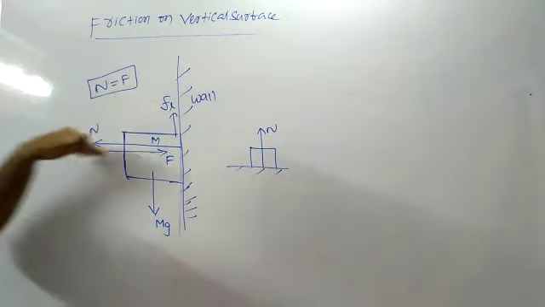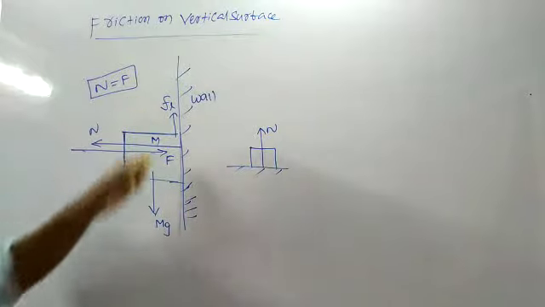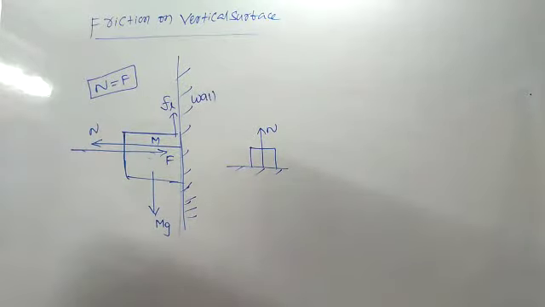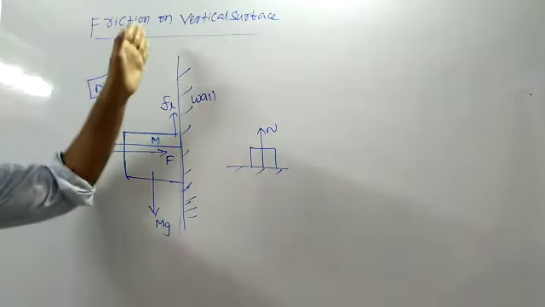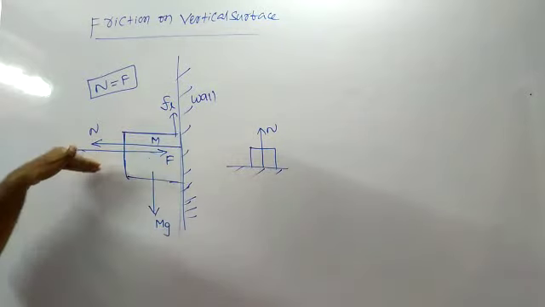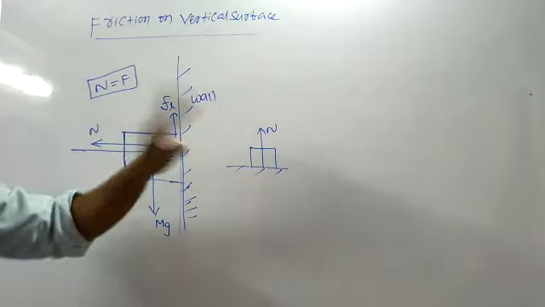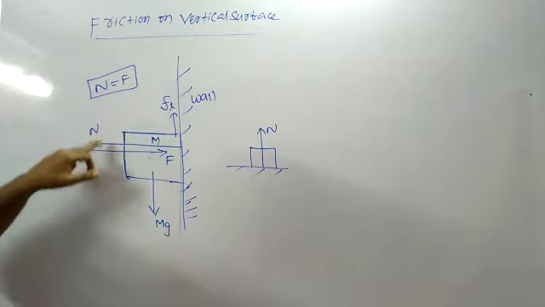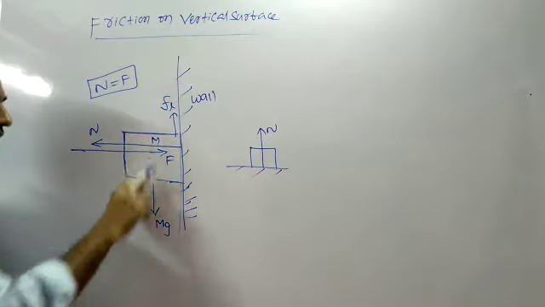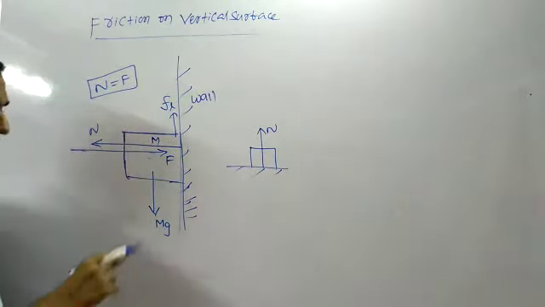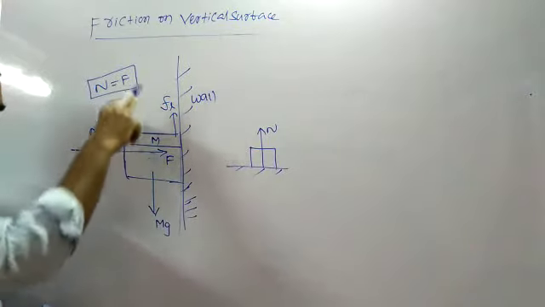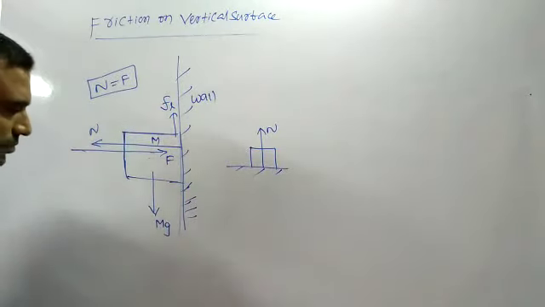So there is no motion perpendicular to the wall. But mg and friction are not balanced here, so the block can move only along the vertical, along the wall.